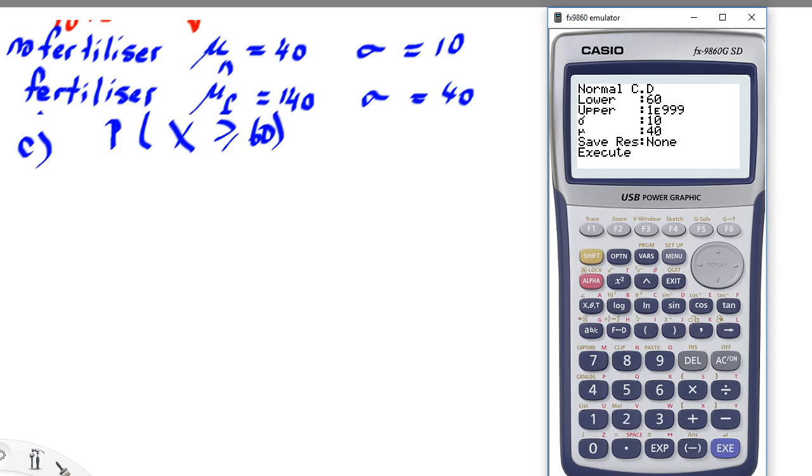I don't know that my calculator can go that high, so 99 is enough. Now, this is the non-fertilised radishes, standard deviation 10, mean 40. The probability is 0.0227.